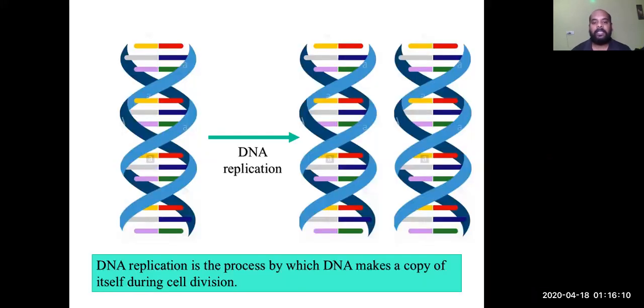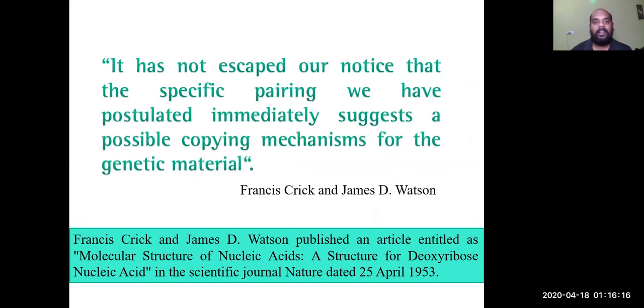Before that, DNA replication is the process by which DNA makes a copy of itself during cell division. In 1953, Francis Crick and James D. Watson had written something very peculiar in their paper published in Nature that revealed the structure of DNA.